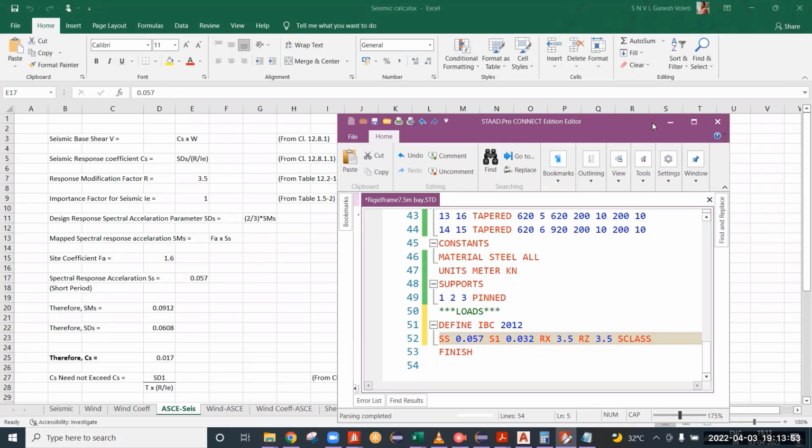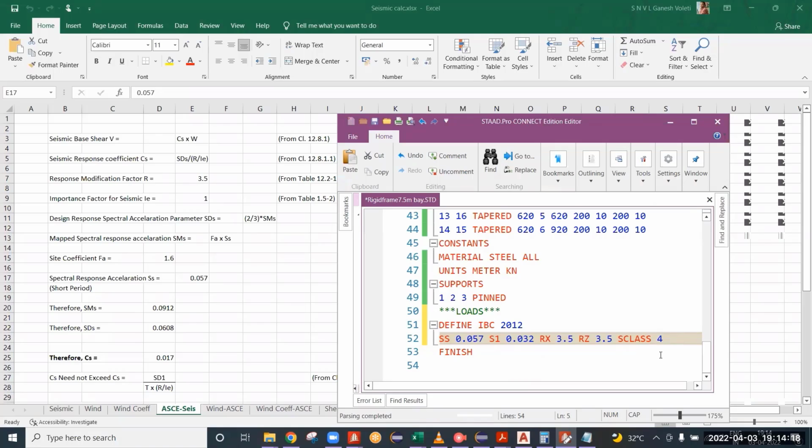If the soil class of the particular location is not known, we can take soil class 4, nothing but soil class D, that is medium stiff soil, not too loose and not too hard. On average, soil class 4 indicates soil class D, in the sense A, B, C, D.